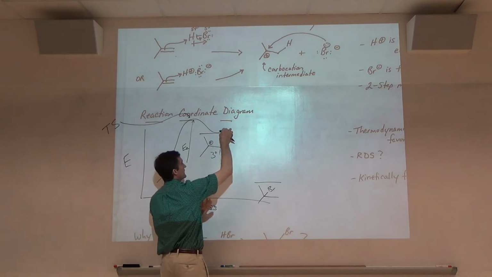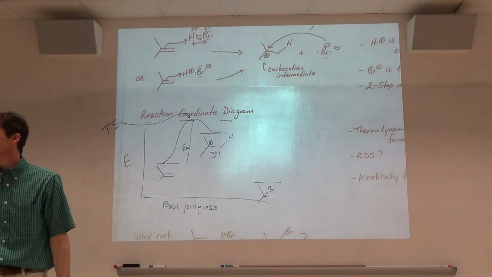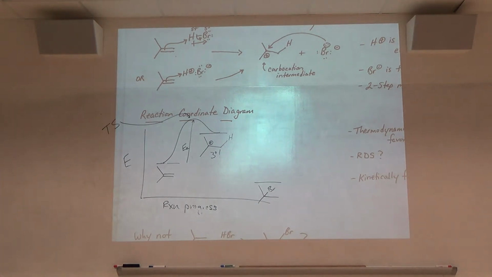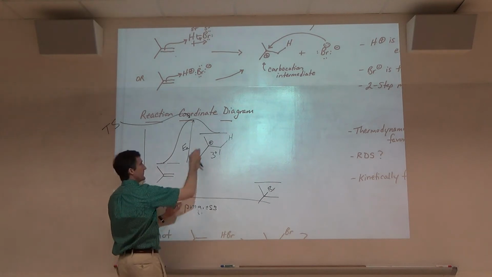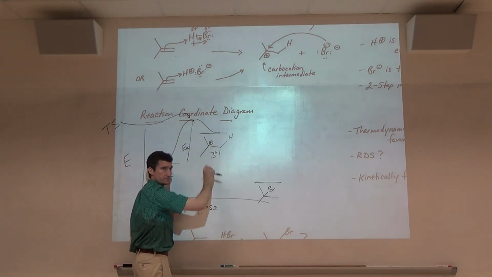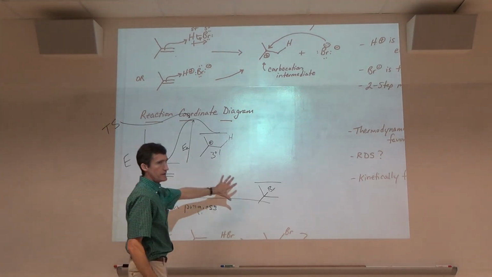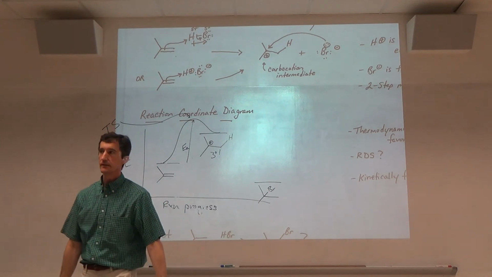Is this transition state going to be high or fairly low? Low. Why low? Because if you're making something that's high in energy, it's going to take a lot of work to make it. But if you're making something that's lower in energy, it doesn't take much work to make it.